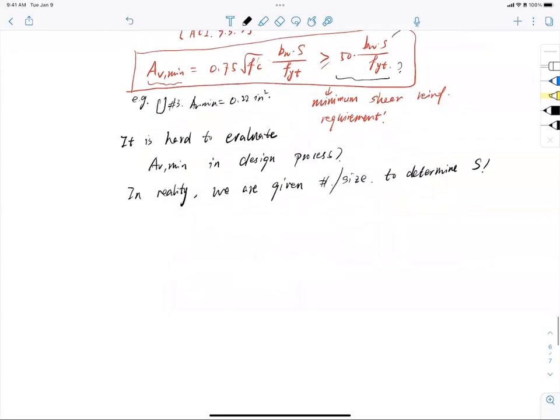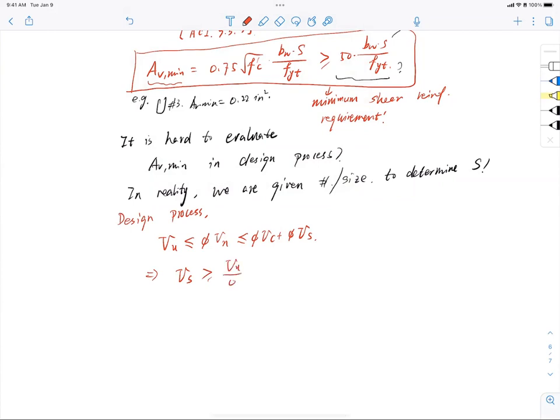So let me put it this way. The design process follows this way. Vu has to be smaller than or equal to φVn, which is φVc plus φVs. That means the shear contribution Vs has to be greater than or equal to Vu over φ minus Vc.